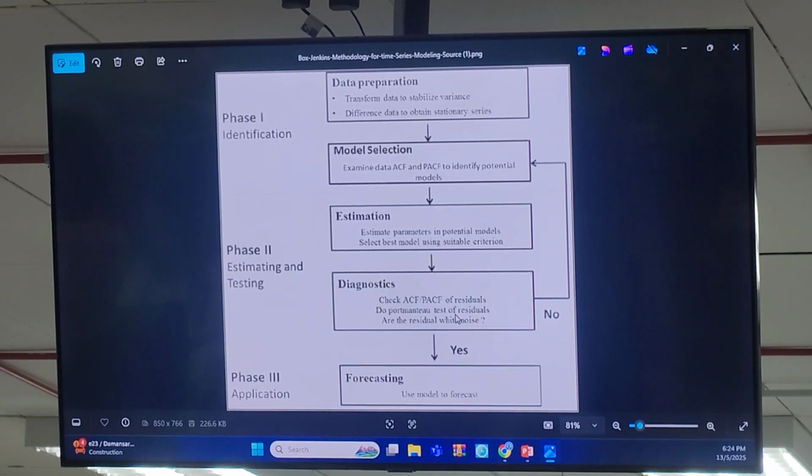So you use the ACF, and you also perform formal tests to check whether the residual can be considered white noise.